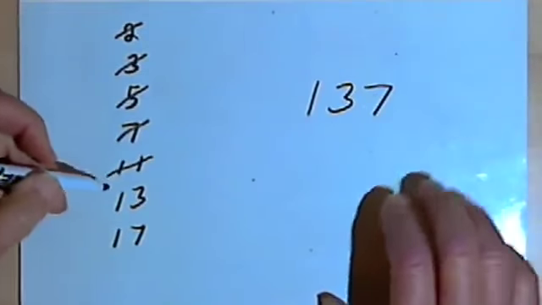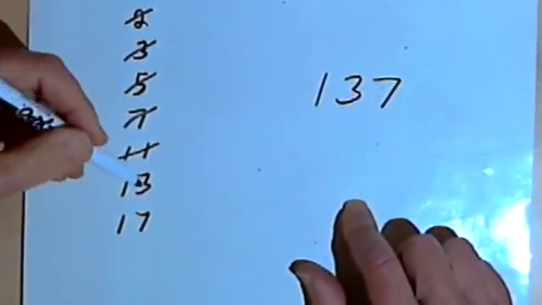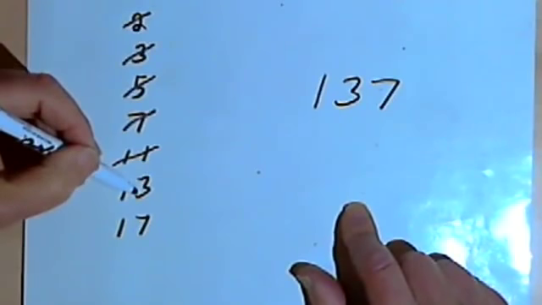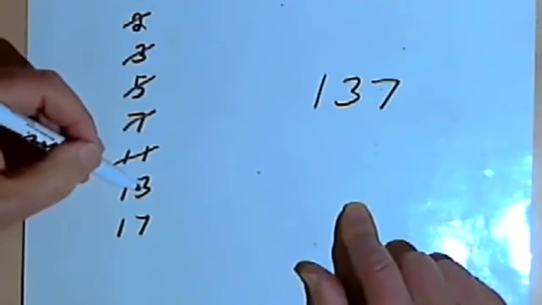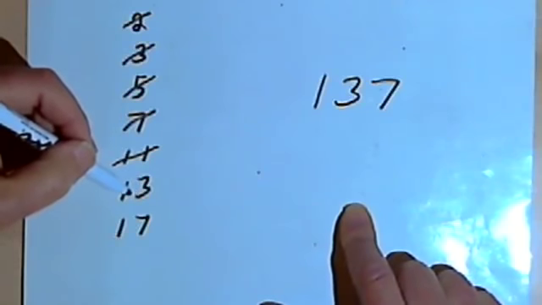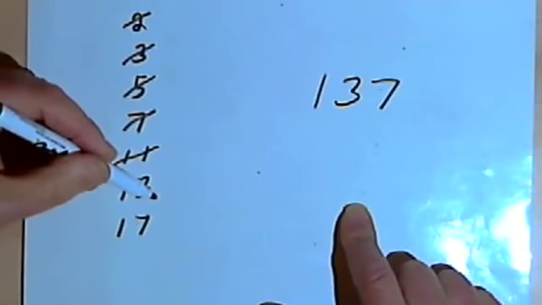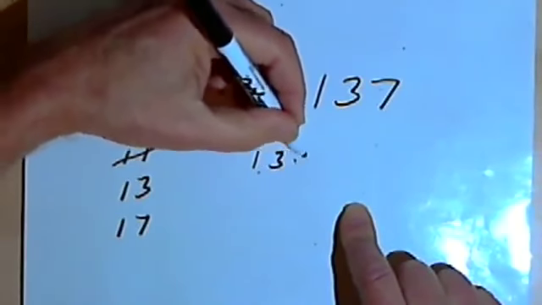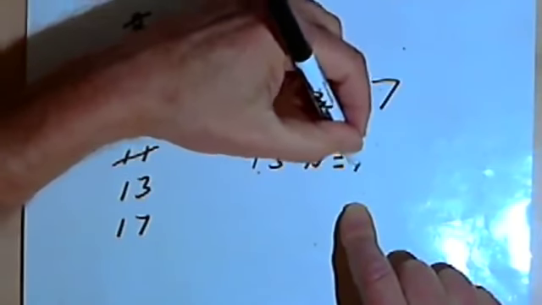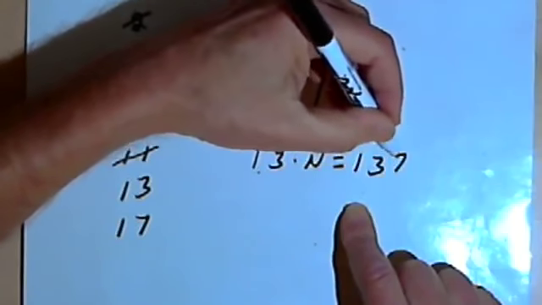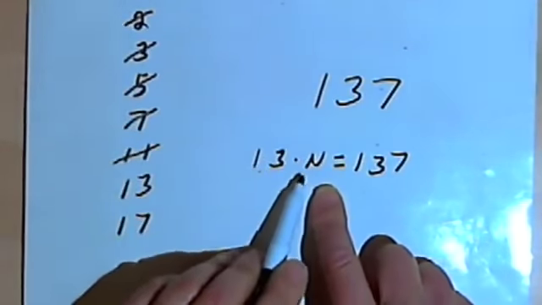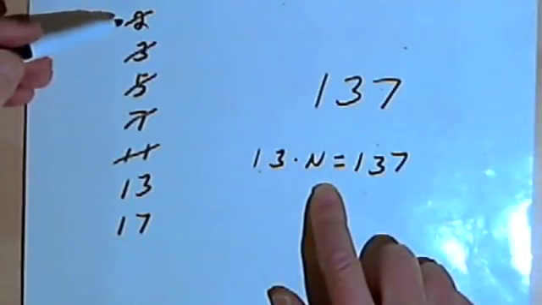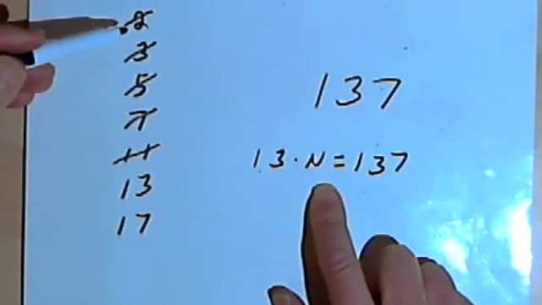And here's why. Let's say that 13 was a factor of 137. So that would mean 13 times some other number would equal 137. So I could write 13 times n equals 137. Now, n could not be any number smaller than 13 because I've tried all of them.